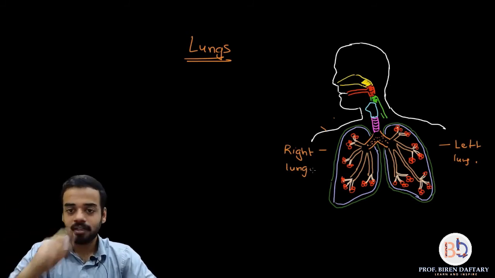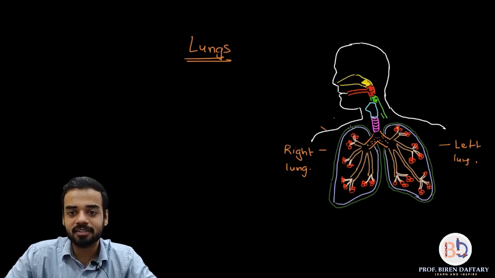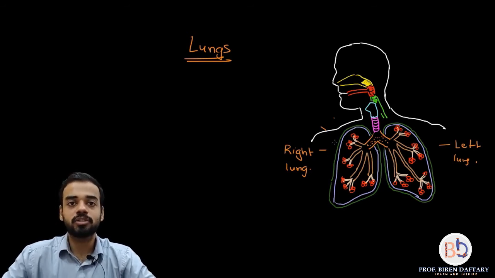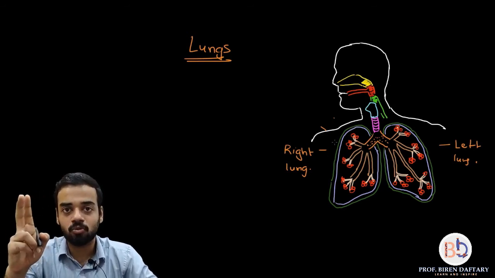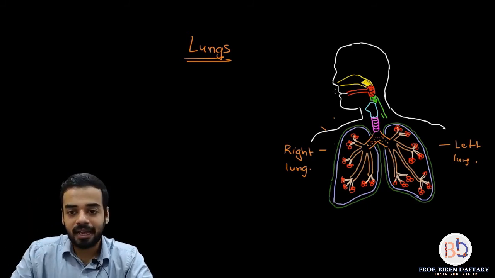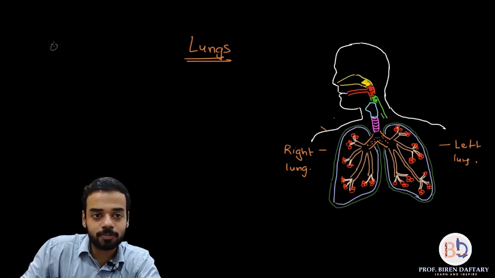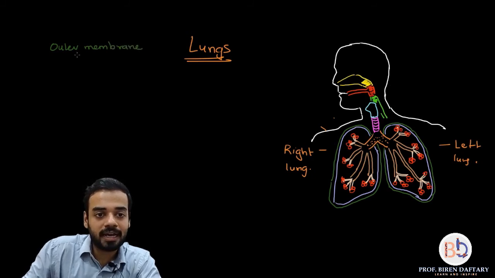Now if you see this surface of the lungs, you can see there are two membranes. One is blue in color and the other is green in color. So there are two membranes which are surrounding the lung, the outer membrane and the inner membrane. This outer membrane is also called the parietal membrane.